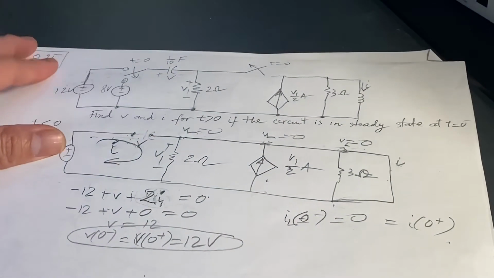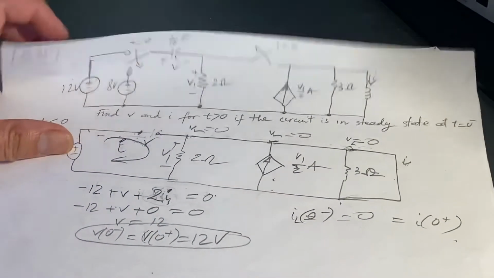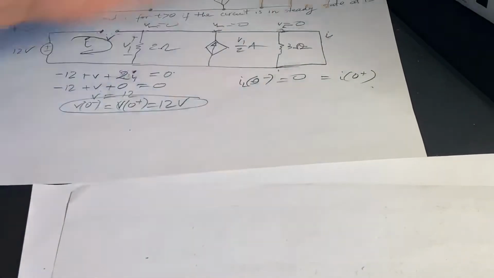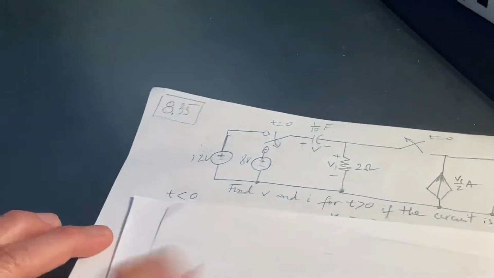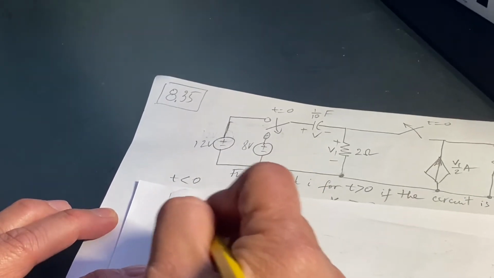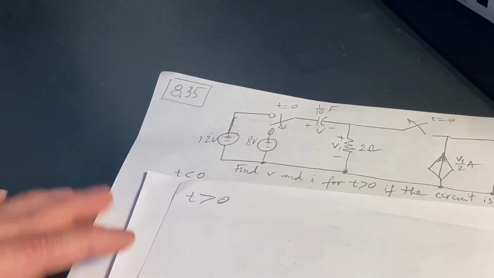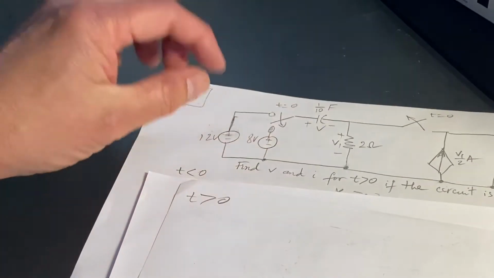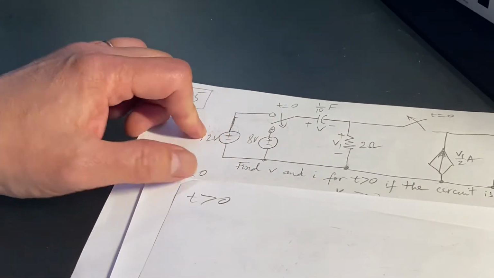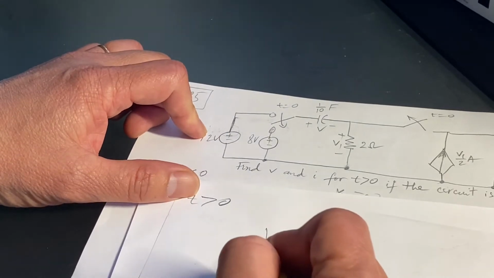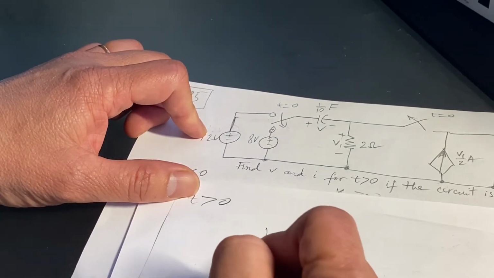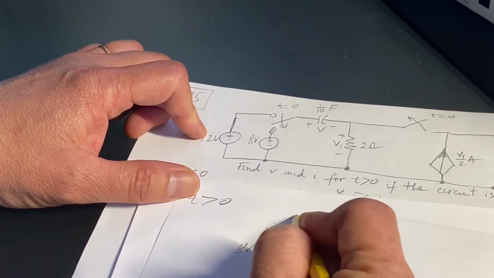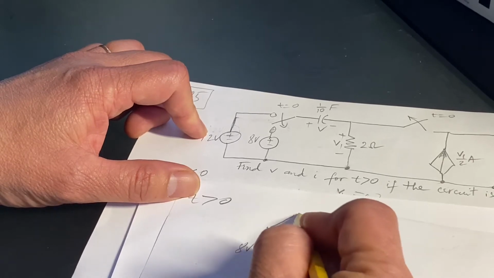Now we check t greater than 0, when the switch opens and goes to another position. So for t more than 0, the switch goes this way, no more 12 volt source. So we draw A1 here, connected to the capacitor.